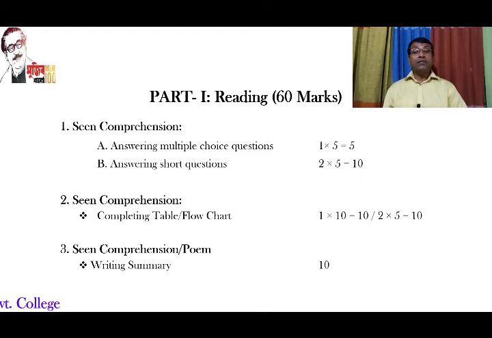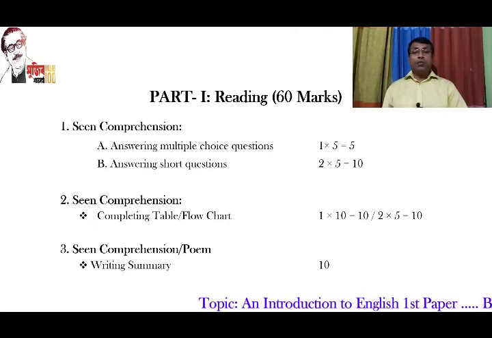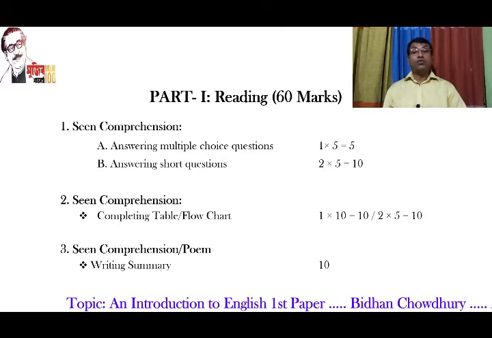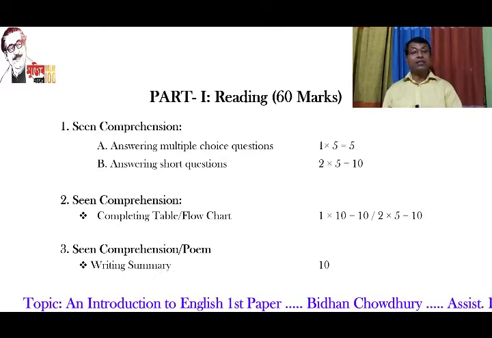Actually, these comprehensions will be selected from the prescribed textbook directly. So you must read the textbook to do well in these 3 sections. Now let's see what type of question we will have in question number 4, 5 and 6. And to see that, let's move to the next slide.